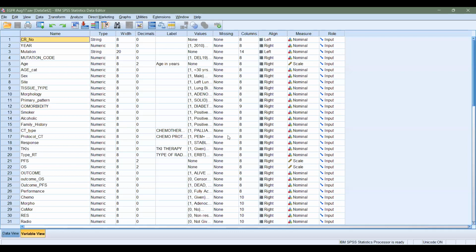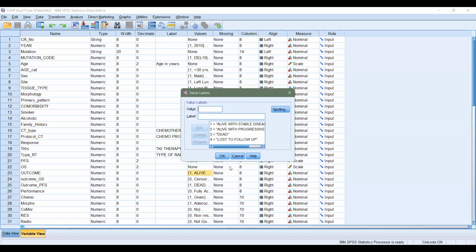This outcome variable has many categories: alive with stable disease, alive with progression, death, and loss to follow up. We want the outcome variable as censored or death. So we have a binary outcome variable. We have to have a binary variable.